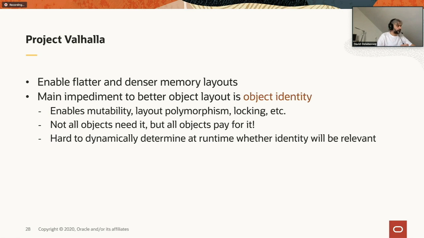So the goal of Valhalla is basically to reboot the relationship that the JVM has with the data in memory. If you know Java, you know that Java is very good at optimizing code. We have, for example, a JIT compiler that will improve your code over time as it runs. So on that side, we're good. But the next step is really to look at how we can optimize data in memory.